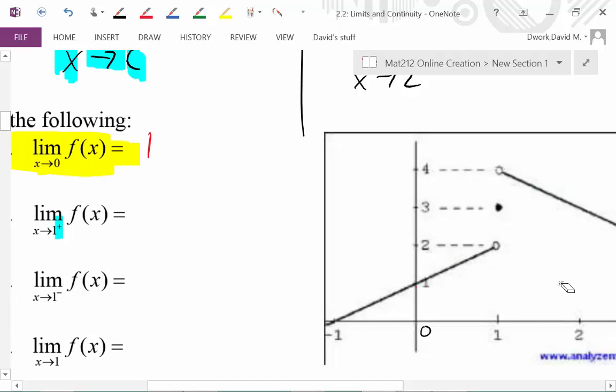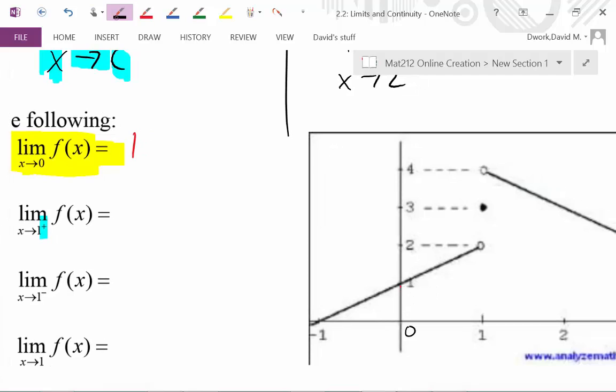How I remember it is I think about my axes. The right-hand side, when you're going to the right, that's the positive numbers, and when you're on the left-hand side, that's the negative numbers. So when you see a little positive here, what that's saying is you're on the positive side. So as I come from the positives and approach my x value of 1, what y value am I going towards?